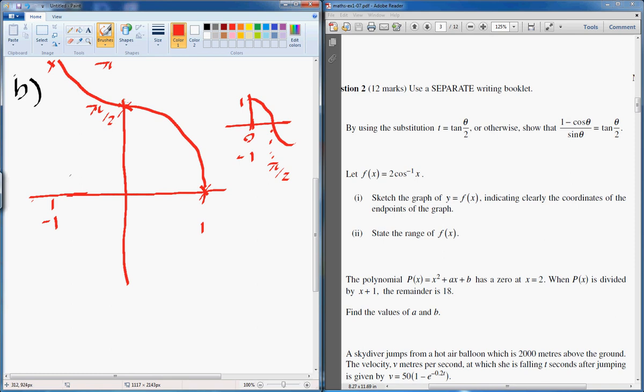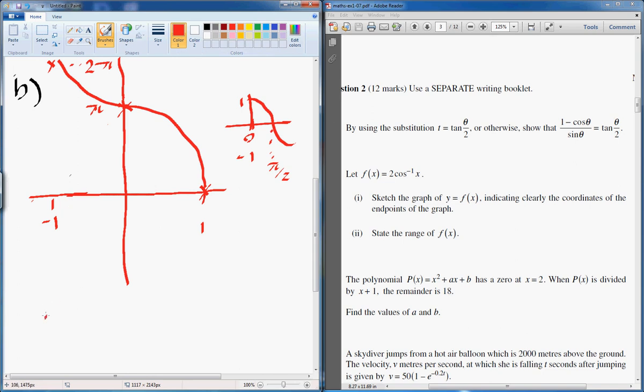So whatever y value you would normally observe, it gets doubled. So this value is going to be just pi, and this value is going to be 2 pi. Right, so this value up here. Okay. Sketch the graph of f(x).